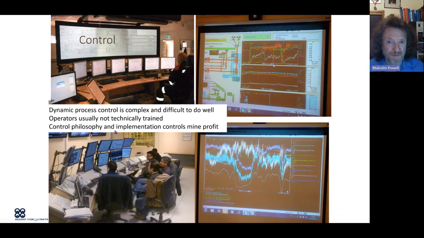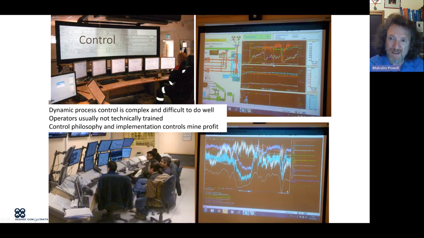The person sitting here has a significant impact on the profitability of a process, and so does the control system behind it. We see really different styles of control system, multiple screens, videos and things, and it's quite complex for an operator. But some standard rules or guidelines should be followed.